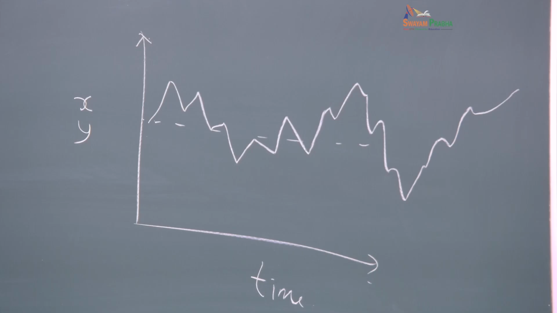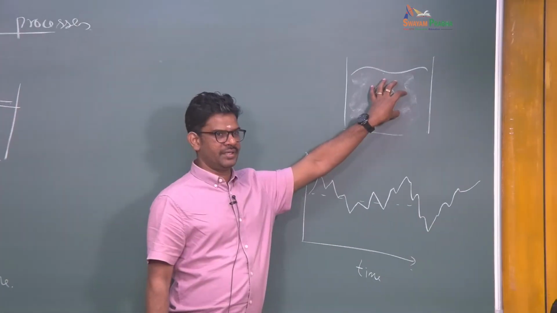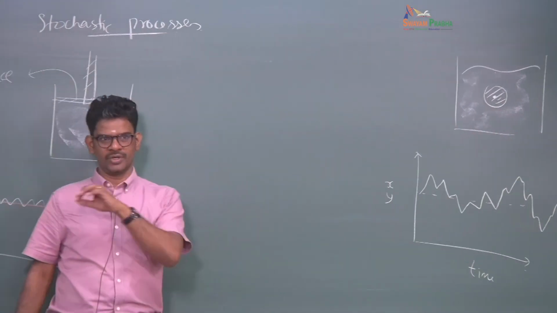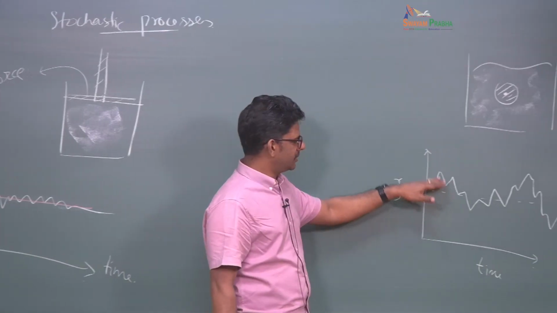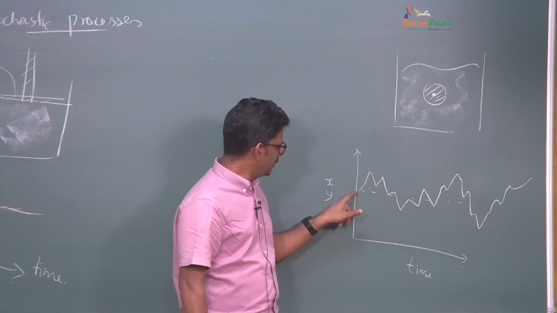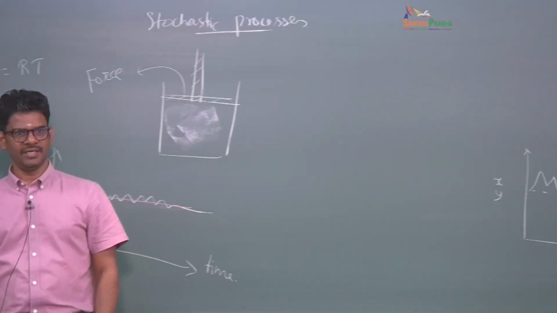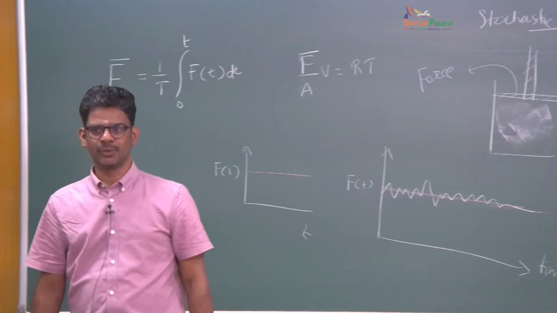I am plotting the x coordinate or y coordinate as a function of time of a Brownian particle suspended in a liquid, and if you look at the trajectory, the x component, y component, you will see that it kind of goes about, and then here also the mean position or the mean x coordinate or y coordinate will be 0.